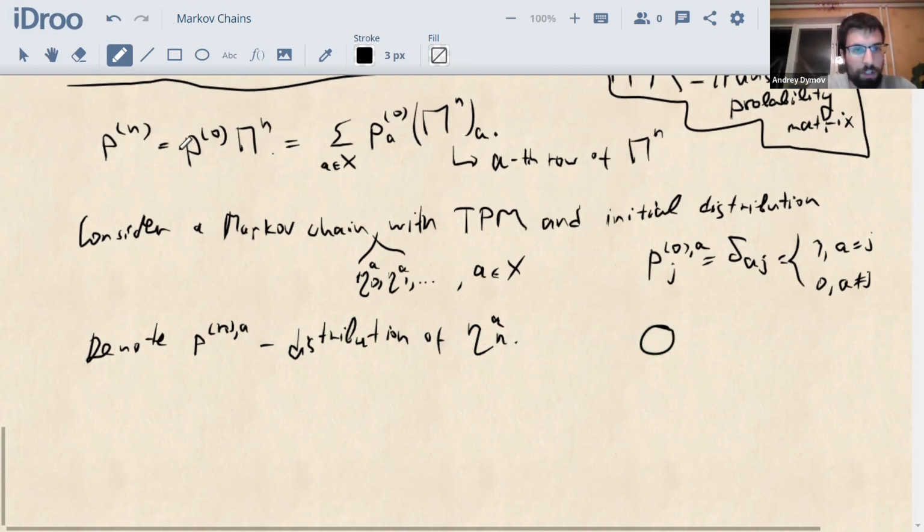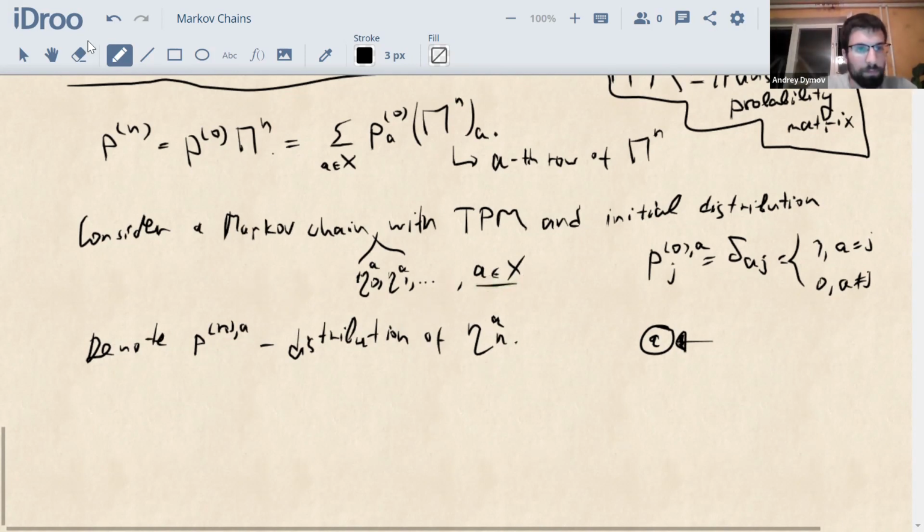Here I had some initial distribution pi 0, and now I have an initial distribution such that with probability 1, I am sitting at the position number A. And for each A, I consider its own Markov chain, for each A from X.